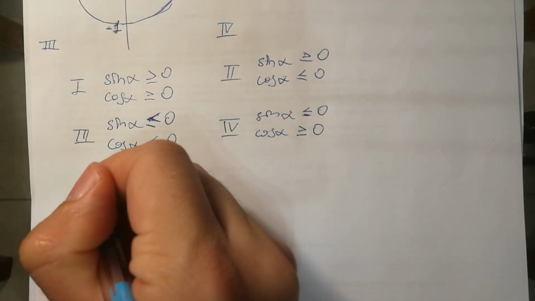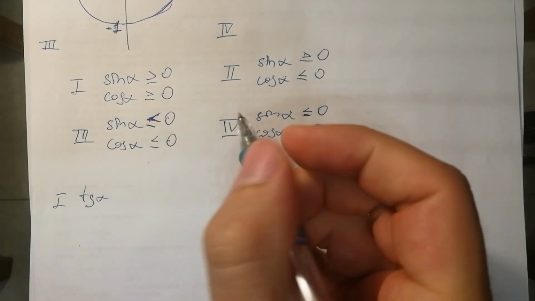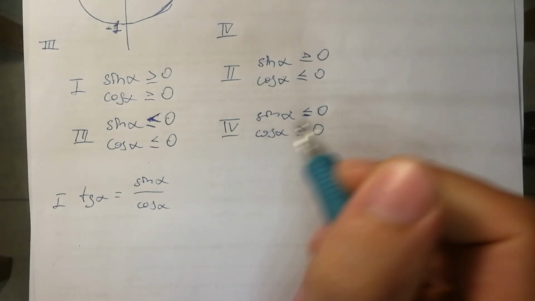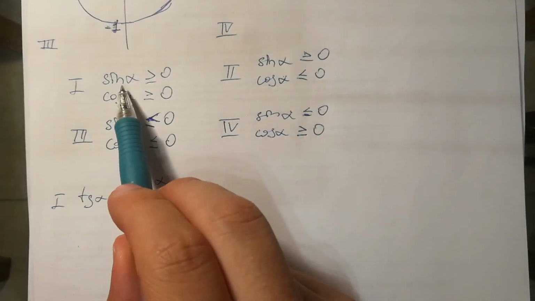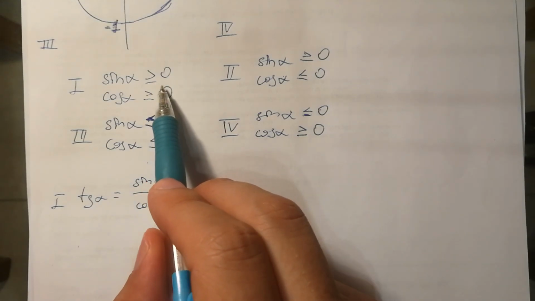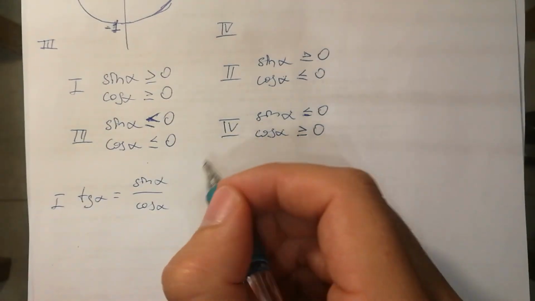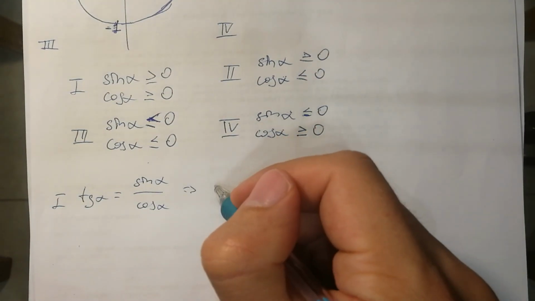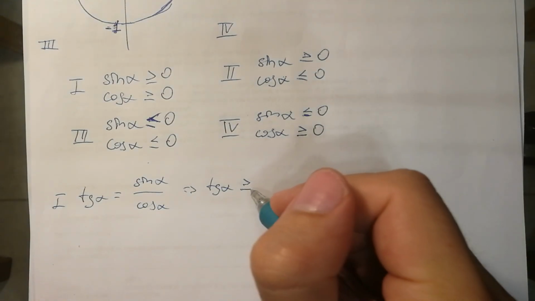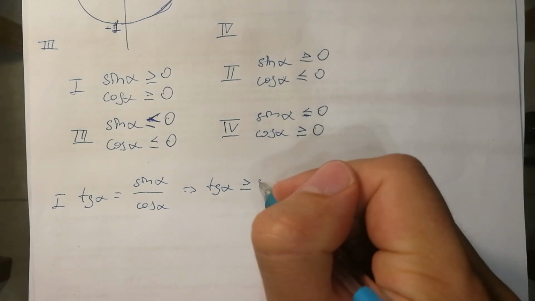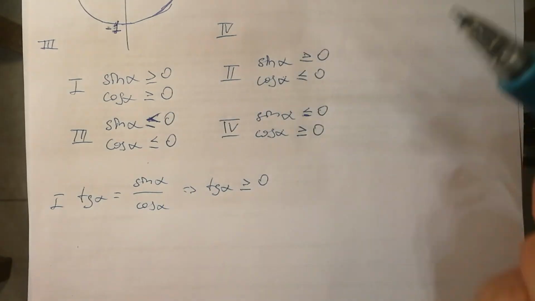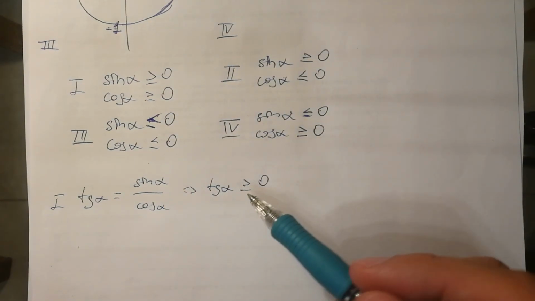Tangent alpha is the ratio between sinus alpha and cosinus alpha, and both sinus alpha and cosinus alpha are greater or equal to 0, and this means that the tangent alpha should be more or equal to 0, because if we divide one positive value by another positive value, we obtain a positive value.